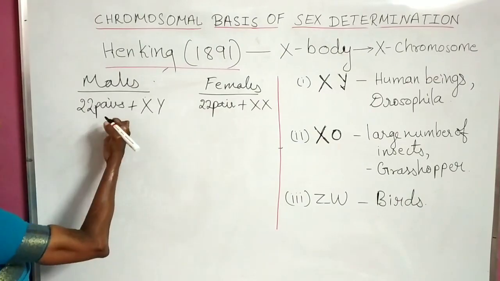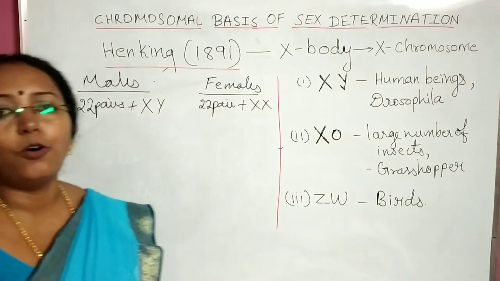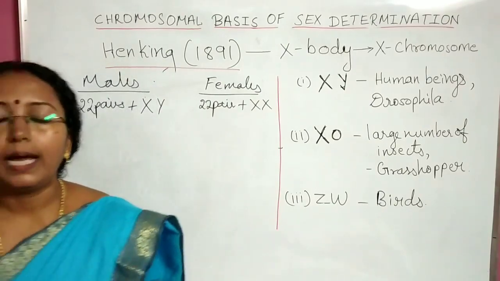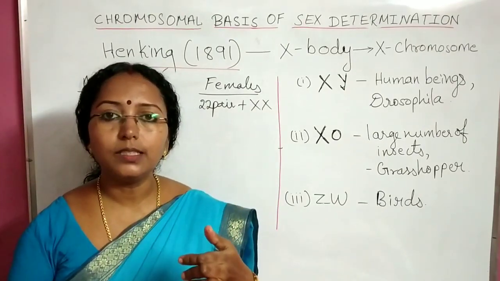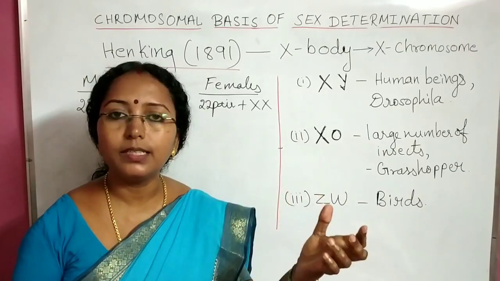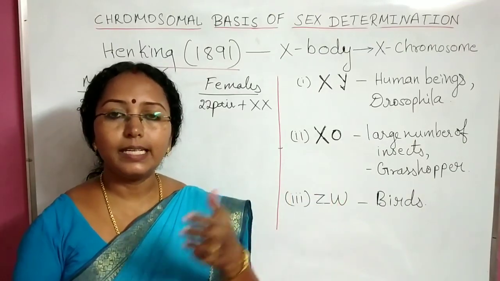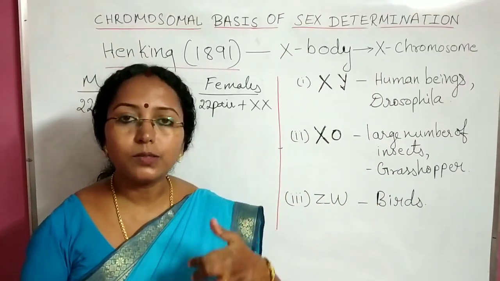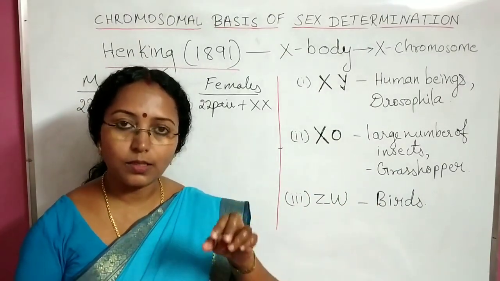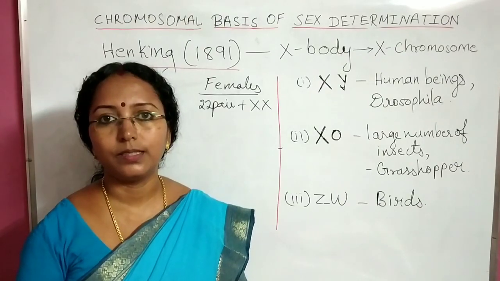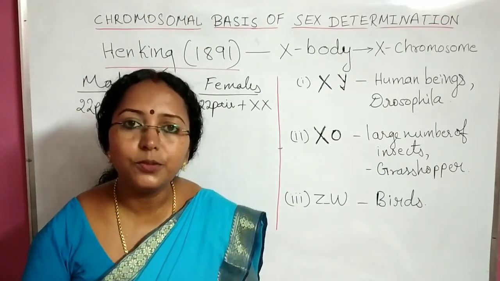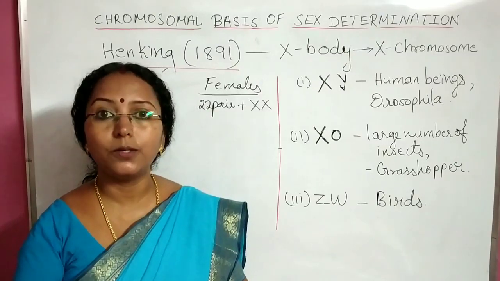Now, during gamete formation, what happens? I think you might have studied this in class 11. Cell division is of two types, mitosis and meiosis. And meiosis is the type of cell division that occurs during gamete formation. So that is called reduction division. The chromosome number gets reduced to half in meiosis.